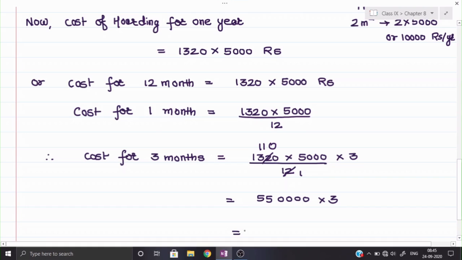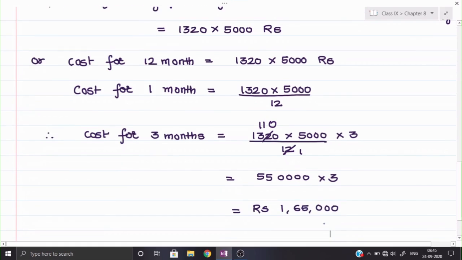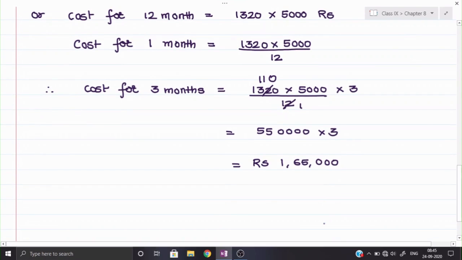So I can say that the cost is rupees 1,65,000 for 3 months. 55 into 3 is 165, and 4 zeros will come, I suppose. By mistake I put only 3. So this will be 16,50,000. Please ignore the commas. Because 12 into 11 is 132, and 0 remains as it is.